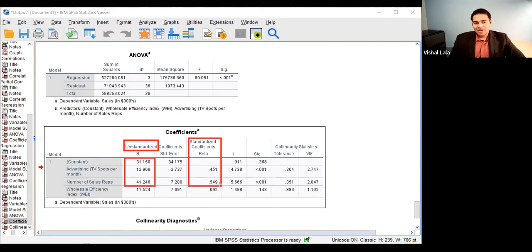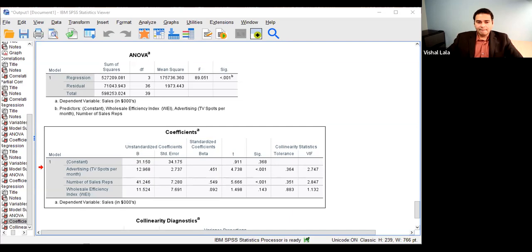Here you can note the standardized regression coefficient for number of sales reps is higher, and that is a good reason why it has a stronger influence on sales than does advertising. So we're going to confirm these importance values based on the standardized regression coefficient.